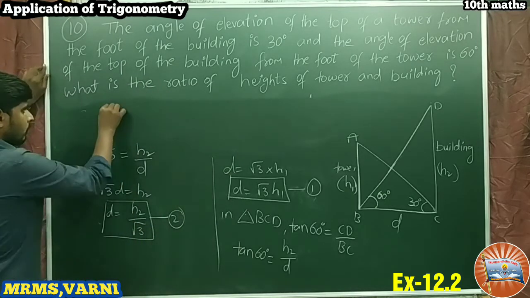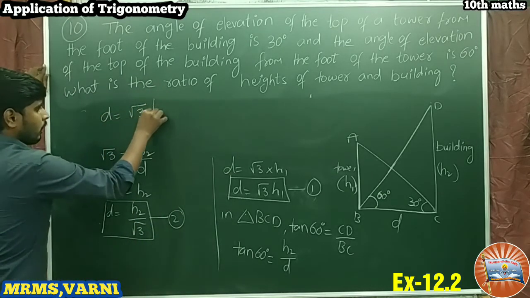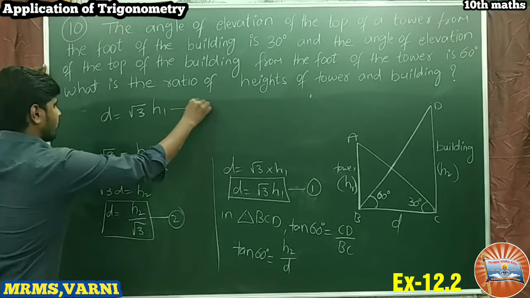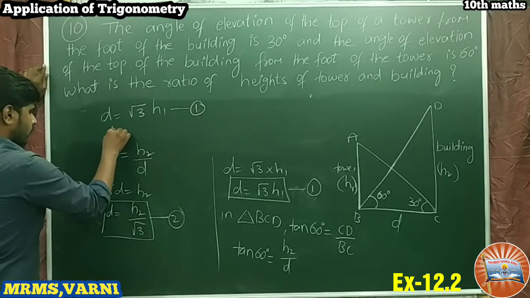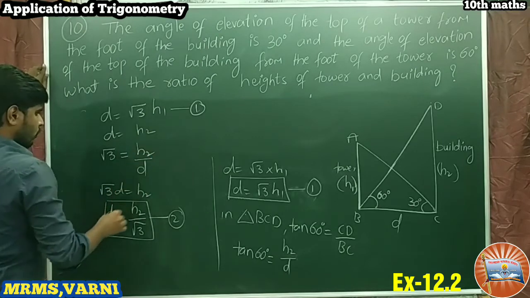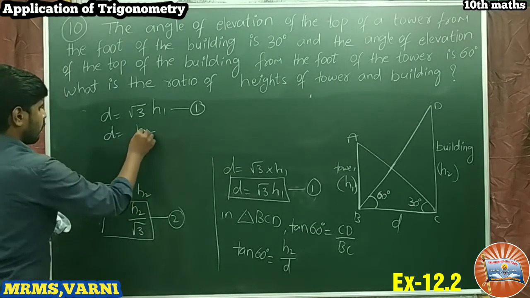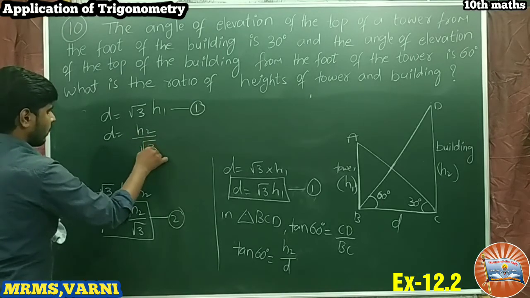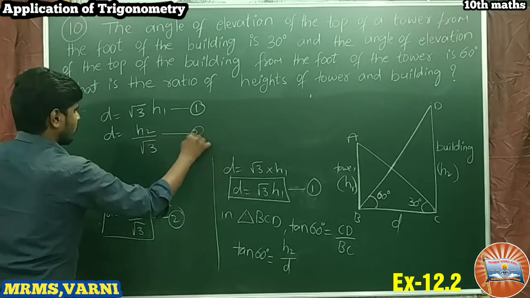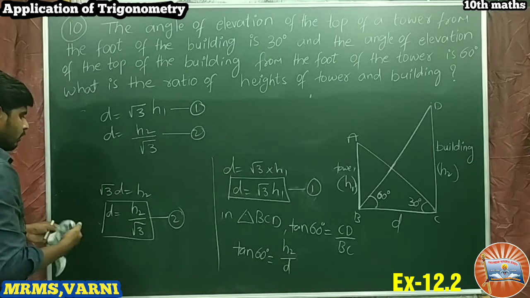D is equal to root 3 H1, it is equation 1, and D is equal to H2 by root 3, it is equation 2. I'll erase the remaining things.